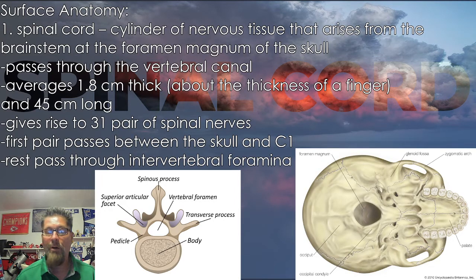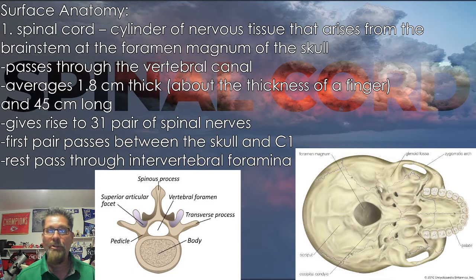But as your spinal cord goes down through the vertebrae, as you can see there, vertebrae wrapped around it, kind of protecting it in some fashion. And then we're going to go over the number of vertebrae per section, and then the number of spinal nerves that go out.